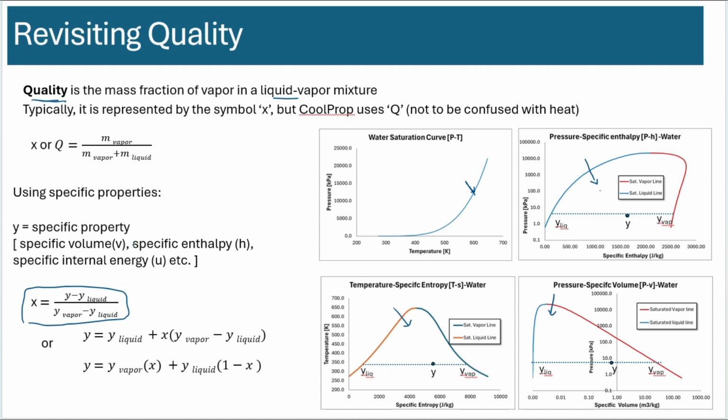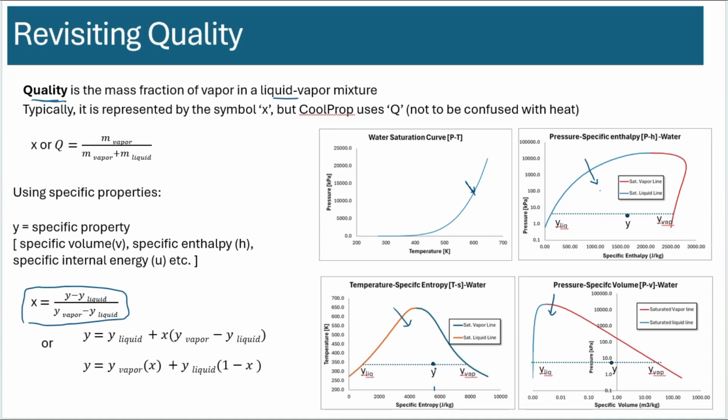So if I picked one particular property, and if my mixture of gas and vapor, gas and liquid, is somewhere here, and that specific property is Y, in this case it will be somewhere close to 5,800 or something entropy.